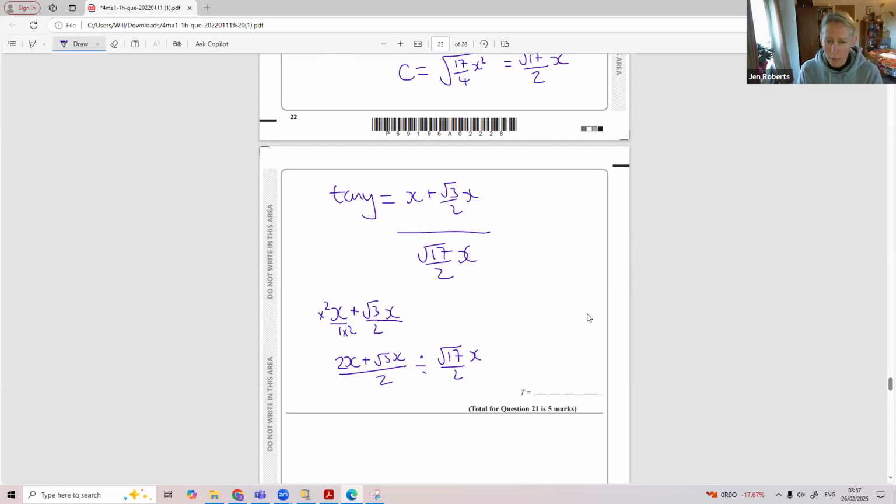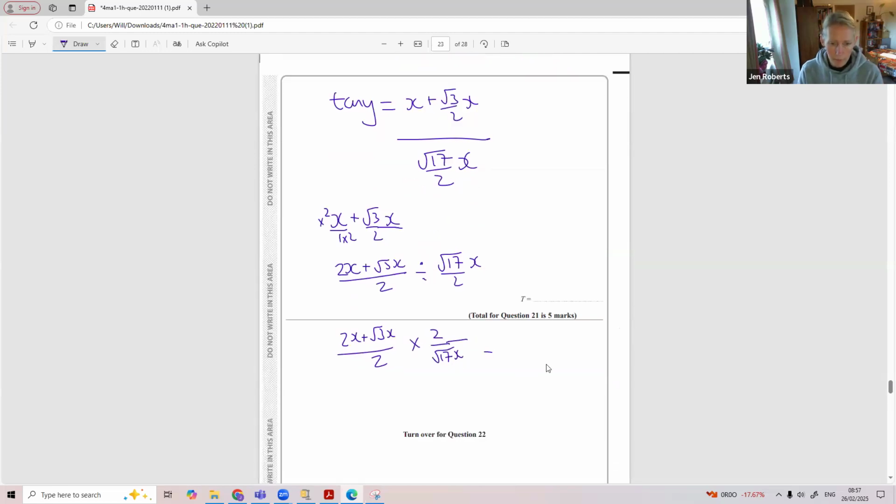Then we can just use keep, change, flip using our fraction knowledge. We're going to keep this first fraction, change, and flip this. Multiply the top, multiply the bottom.